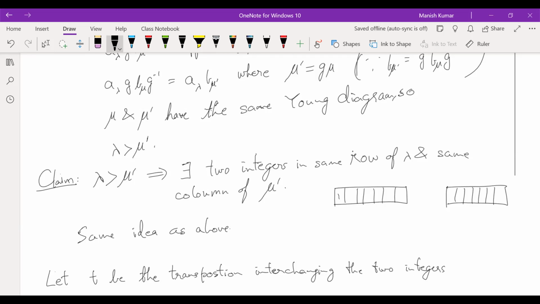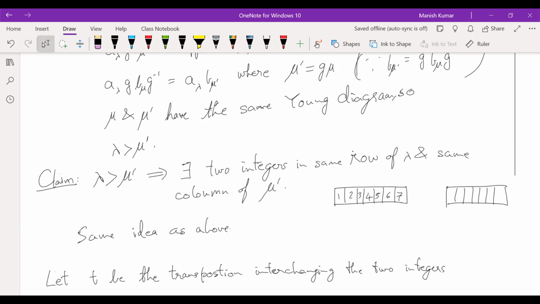So first you consider this: 1, 2, 3, 4, 5, 6, 7. Suppose these are the entries in the first row of lambda. All these numbers have to be in different columns of mu prime, because they are in the same row of lambda. So that tells you that mu prime has to have at least 7 columns.